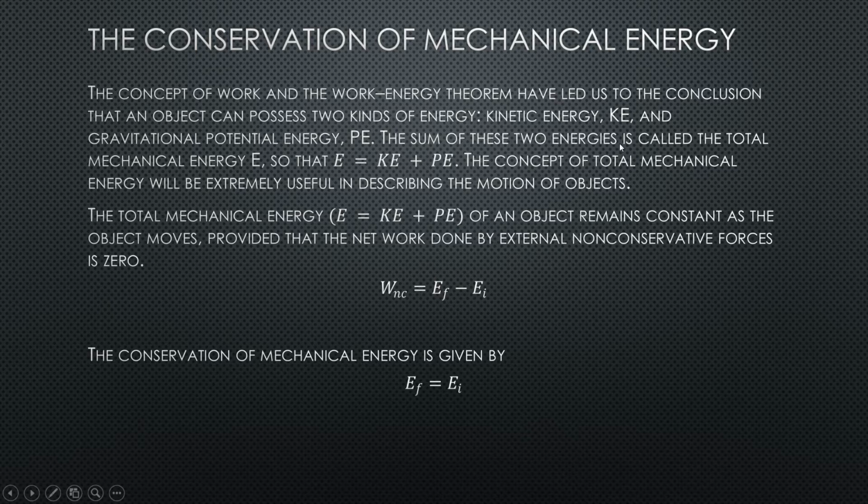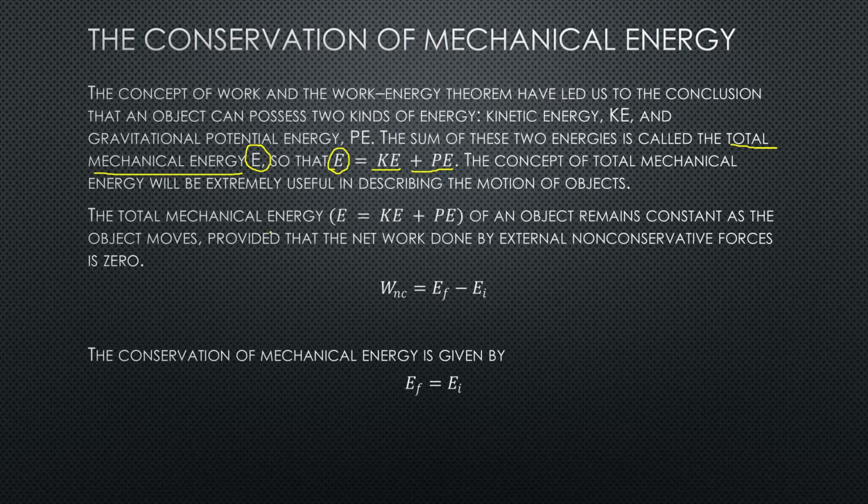So the sum of these two energies is called the total mechanical energy, denoted as E. Okay, so the total mechanical energy is equivalent to the sum of kinetic and potential energy. The concept of total mechanical energy will be extremely useful in describing motion of objects.